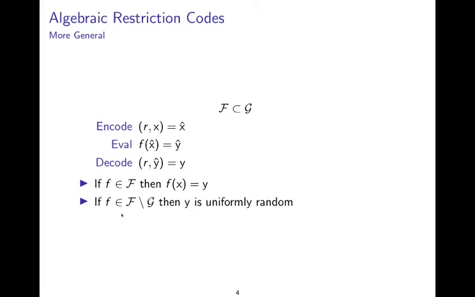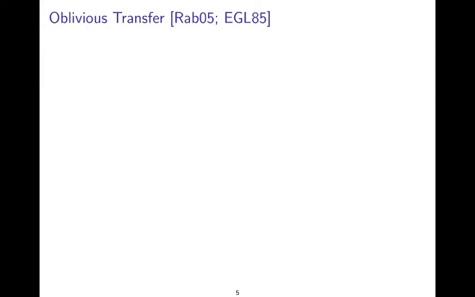However, if you use a function outside of f but inside of g, then the output of the decoded value should be uniformly random.